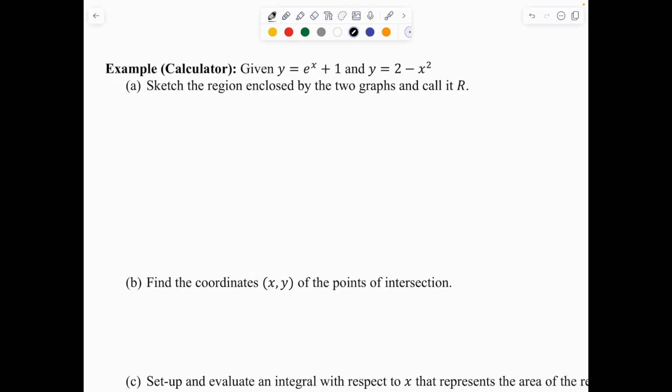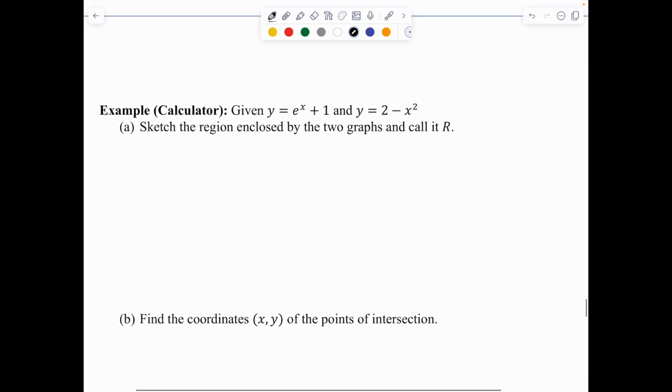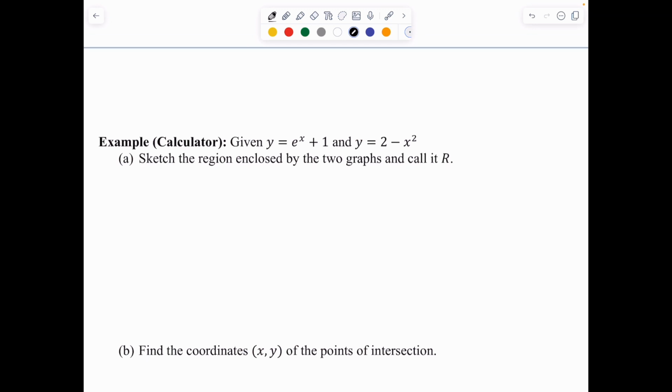Okay, a calculator active question. So looking at part A, we have to sketch the region enclosed by these two graphs and call the region R. So using kind of our pre-calc knowledge, I do know y equals e to the x plus 1 will have a horizontal asymptote at y equals 1.